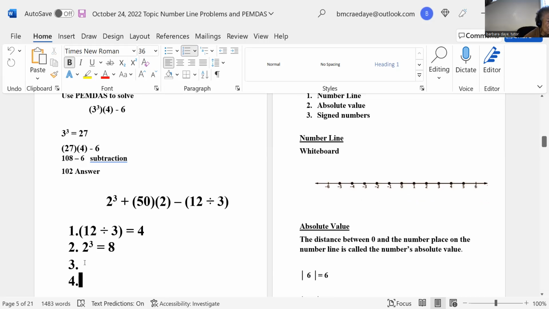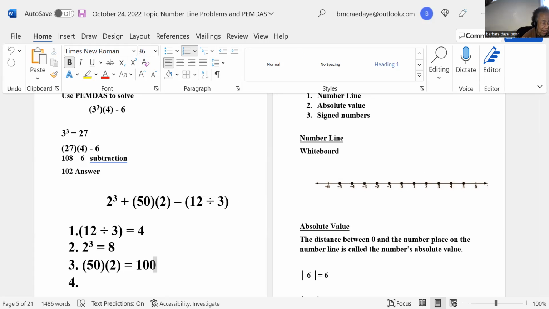What would be your third operation? We did the parentheses, we did the exponent. You have to multiply the 50 by 2. That's it. Very good. I want to put them in order. So this would be 50 by 2. And what's 50 times 2? 100. That's it. Very good.